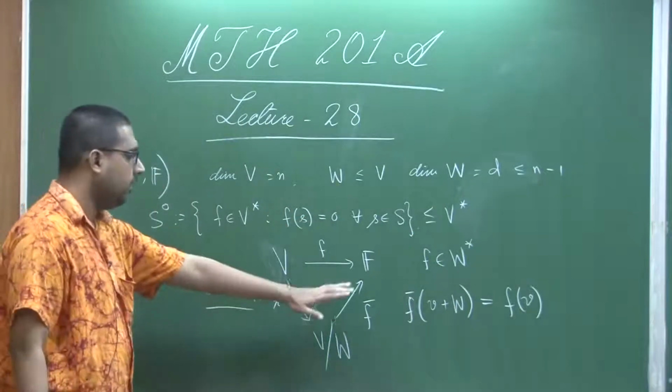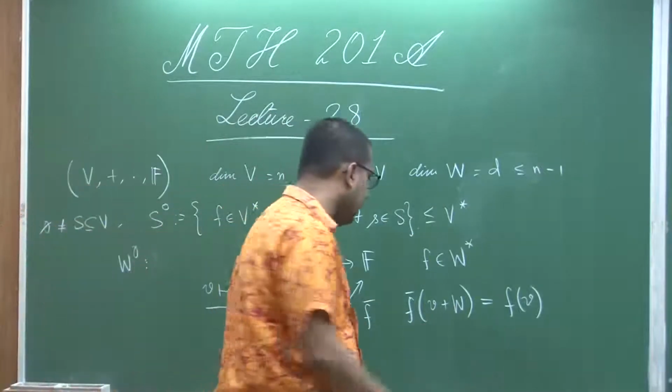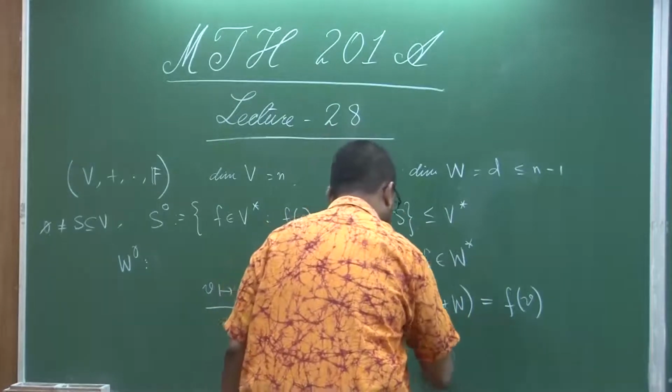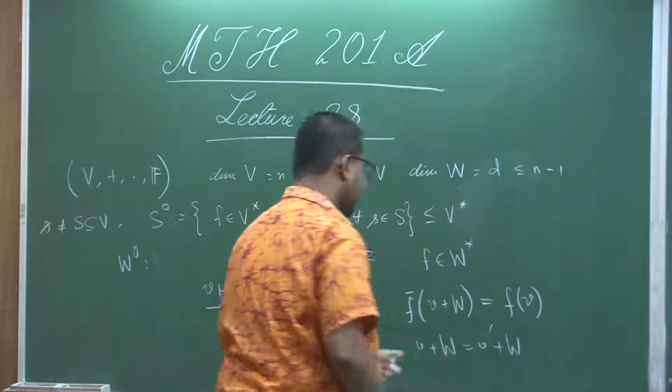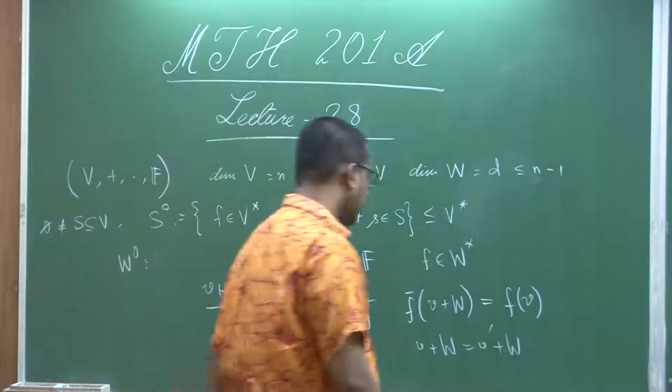First of all, we need to make sure that this is well defined. That is very easy to see. If v plus W is v dash plus W, that is, v minus v dash lies in W, then what happens?